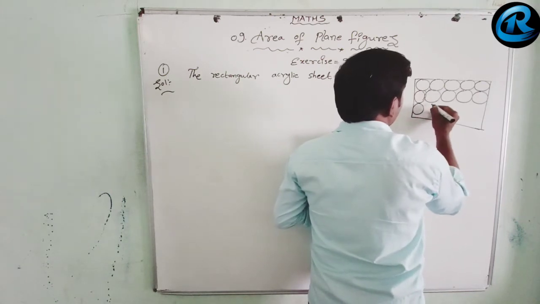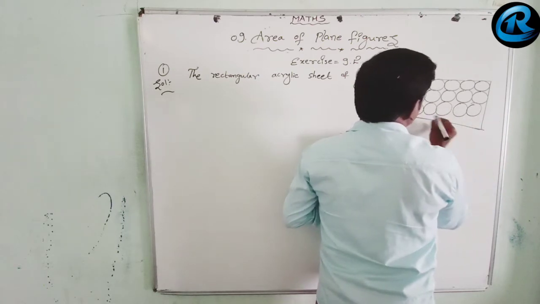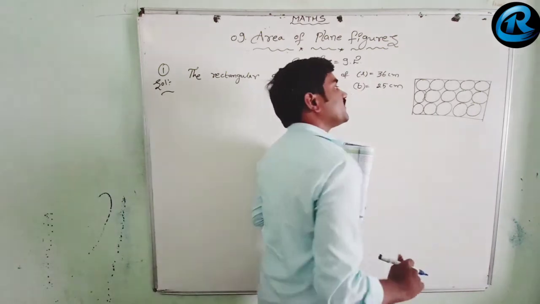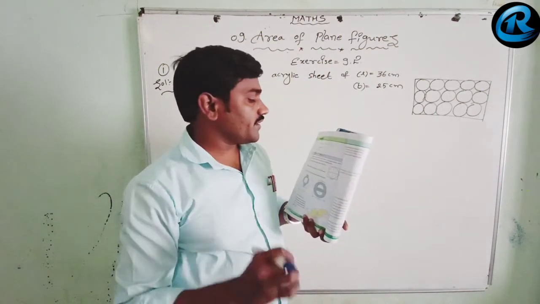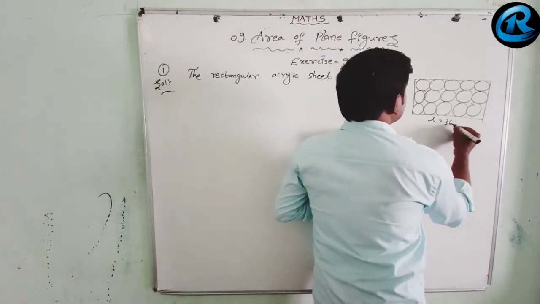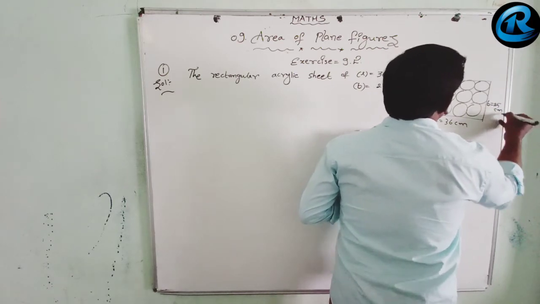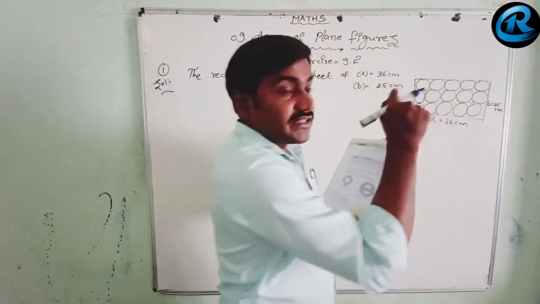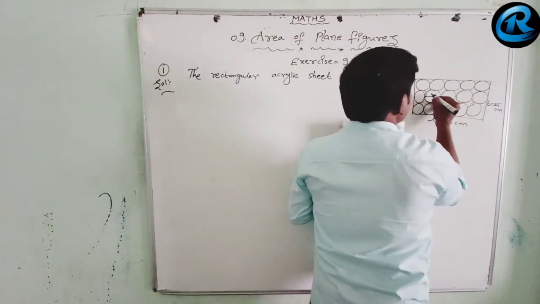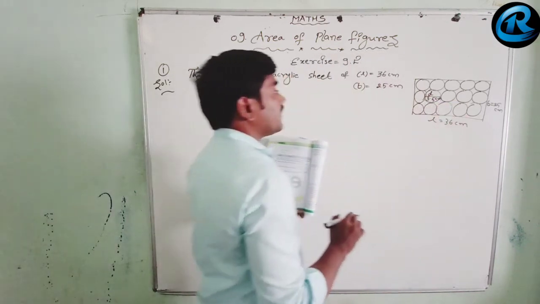So they cut out the 56 circular buttons. Circle shape of 56 buttons are cut out from this sheet of length 36 centimeters and breadth 25 centimeters, and each button having 3.5 centimeters as a diameter, D equal to 3.5 centimeters.